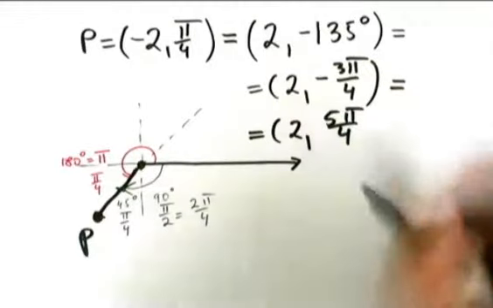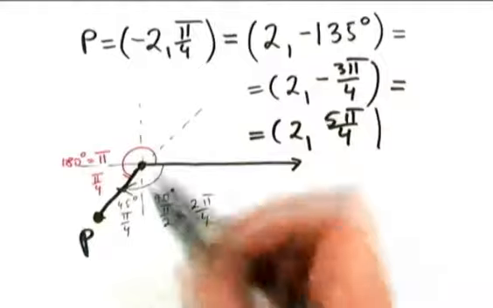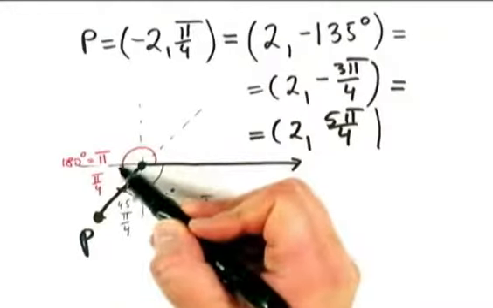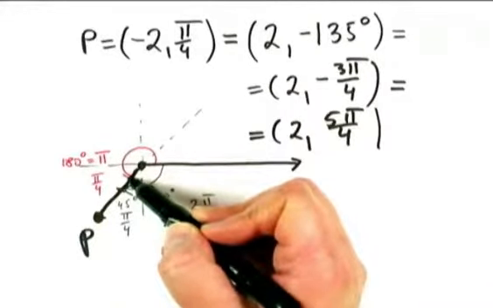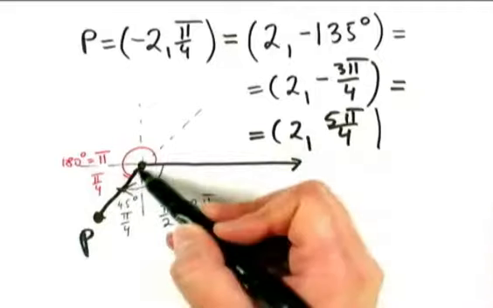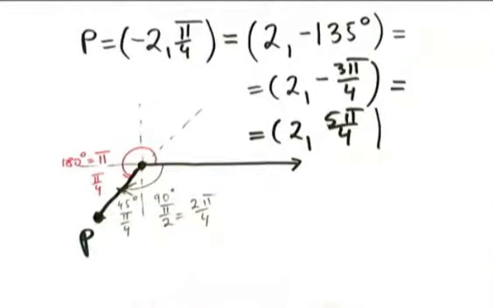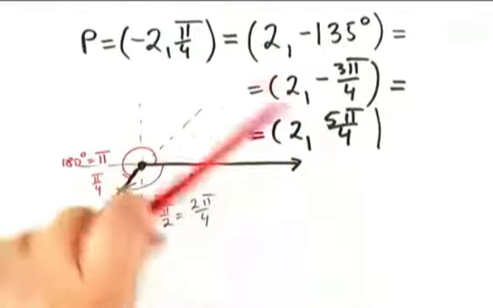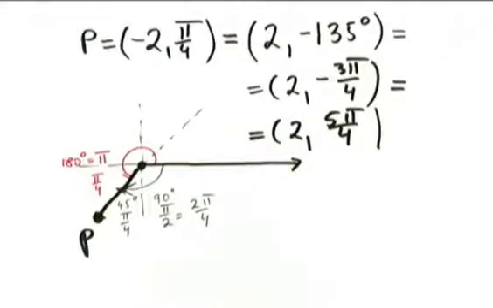So we have found the angle 5 pi over 4. Here is pi, here's 1/4, so 5 pi over 4, and then we write the distance 2, 1 and 2, so this is the point P. So that shows us that one point can have several representations, several different polar coordinates.